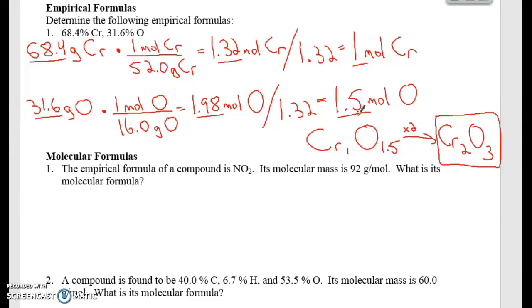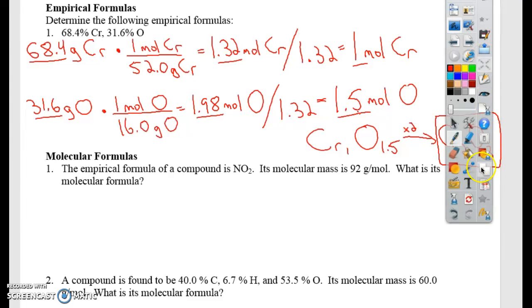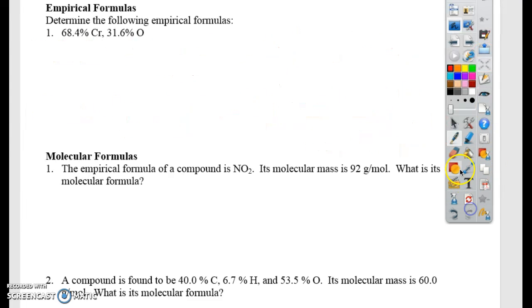You're kind of in this weird middle area. So what I would do is go back and double check all your work and make sure you didn't round off too much. You should either get whole numbers or something very, very close to a whole number, or something very close to that 0.25, 0.33, 0.5, 0.66, or 0.75. If they're not really close to those, double check how you rounded.